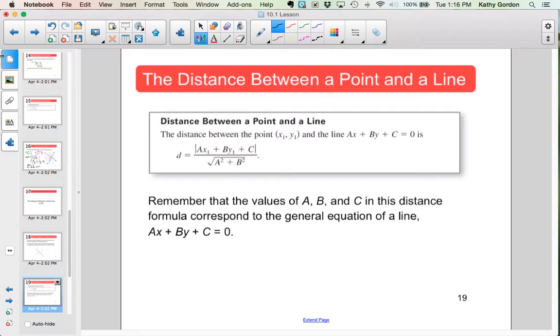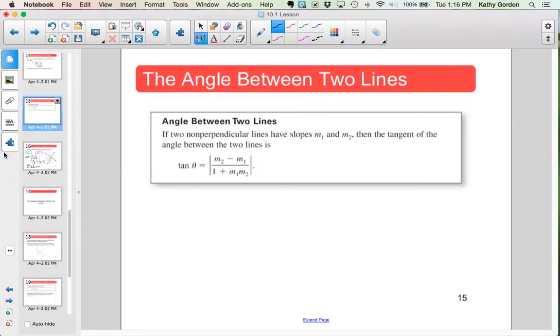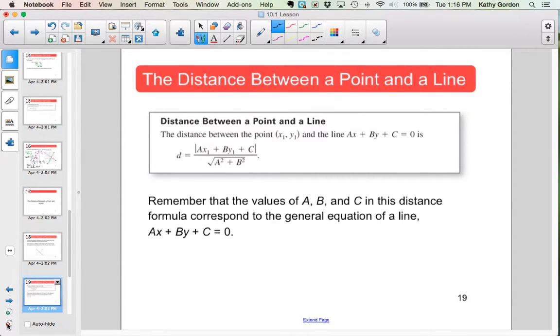absolute value, which is only in the numerator this time. It is not like the angle formula where we had the absolute value of everything. Okay, angle between two lines, we take absolute value of everything. But when we're talking about the distance from a point to a line, the absolute value is only in the numerator.